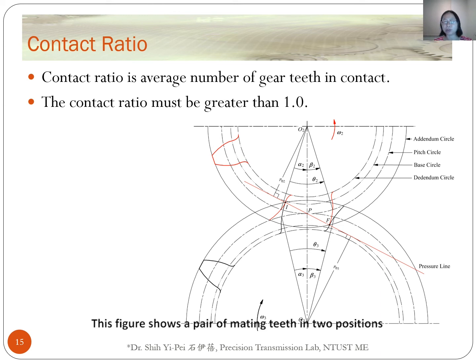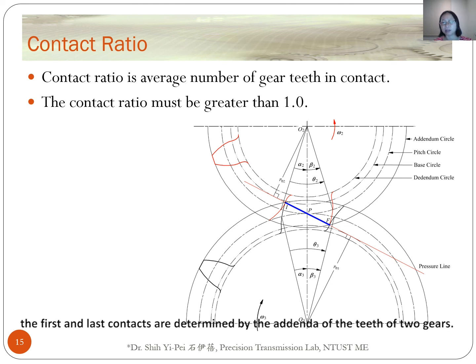This figure shows a pair of mating teeth in two positions, in which they first come in contact and at the end the point of losing contact. Between these two positions, the point of contact moves along the line of action.